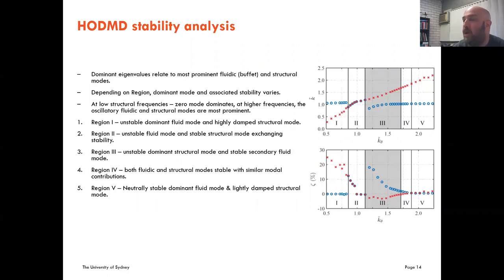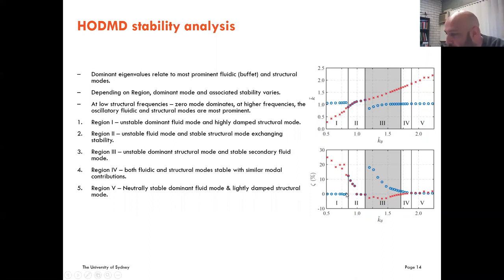Now, we look at this type of behavior using some form of stability analysis. In this case, we use the higher order dynamic mode decomposition, looking at how the behavior changes so that we can distinguish between the fluid modes and the structural modes of our system. You can see that going between the different regions, we get quite a different type of behavior.